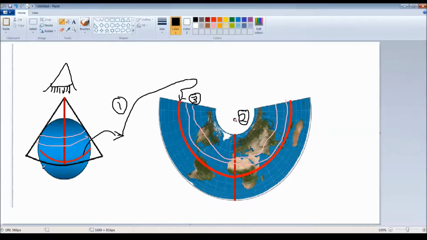If you look downward below the equator, then these circles are going to be larger in size than the equator. Let me just make this a little shorter here.